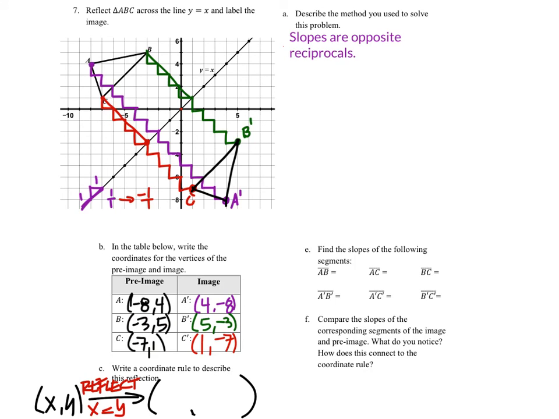C is the same way, it's just switched the x and y values. So how do we do that in an ordered pair coordinate rule? We just take the y value where it was, and now I place it where the x value is. Same with the x value, I change it and put it where the y value is. That's all we did in these ordered pairs right here as well.